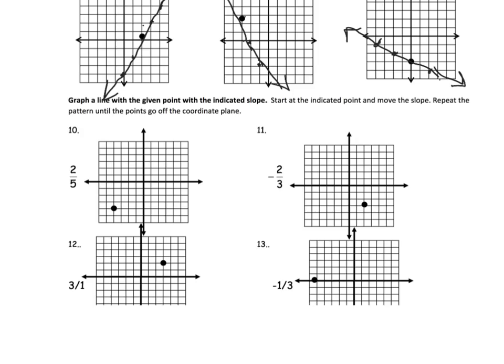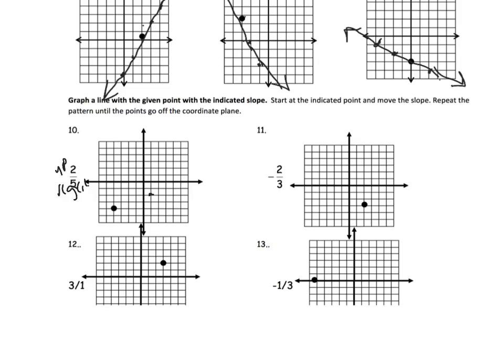Now we're going to graph a line with a given point with the indicated slope. We're going to start at the indicated point and move the slope. And we're going to repeat the pattern until the point goes off the coordinate plane. So in example number 10, we're going to go up 2 and right 5.